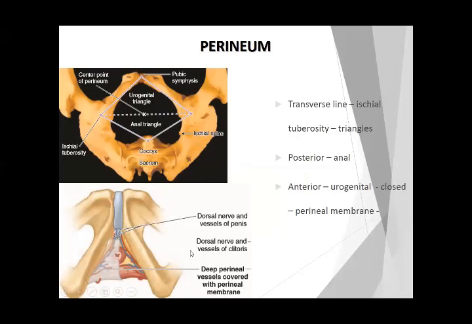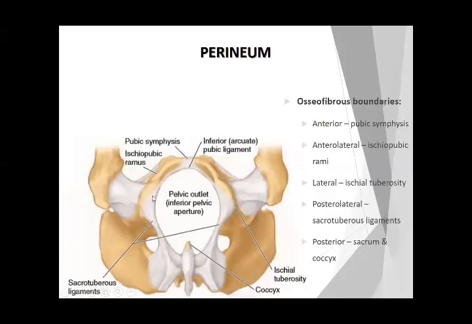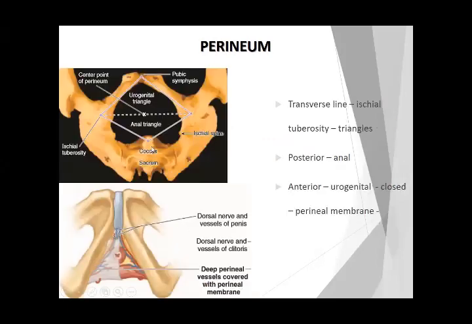Okay, now this is the entire urogenital area where the urogenital diaphragm is. This is a kind of diamond-shaped area. So you divide this diamond-shaped area by a transverse line.